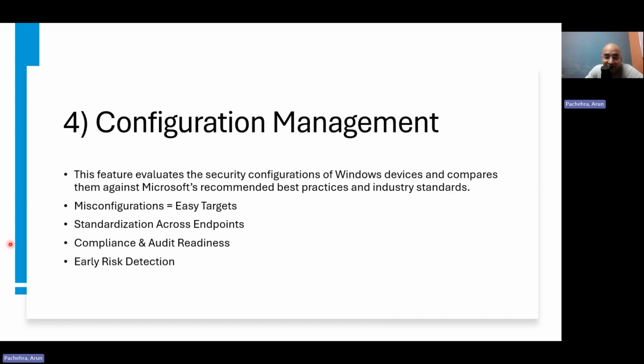So it will give you the misconfigurations or easy targets, because misconfigurations are the easy targets. Most breaches exploit poorly configured settings like open ports, weak or local accounts, weak passwords, those kinds of things, misconfiguration. So configuration assessment reduces this attack surface.